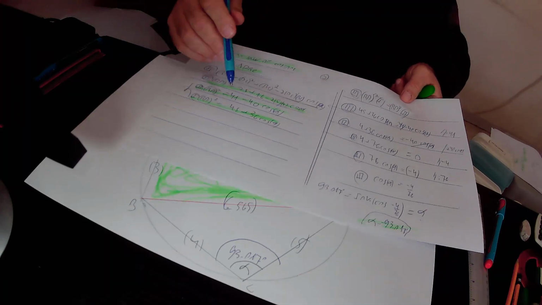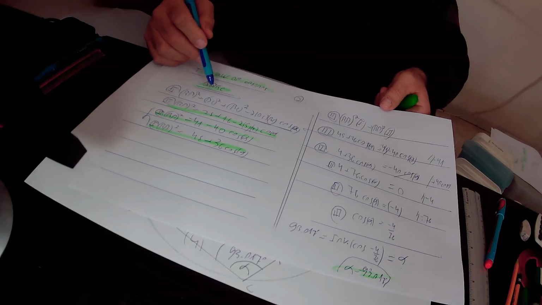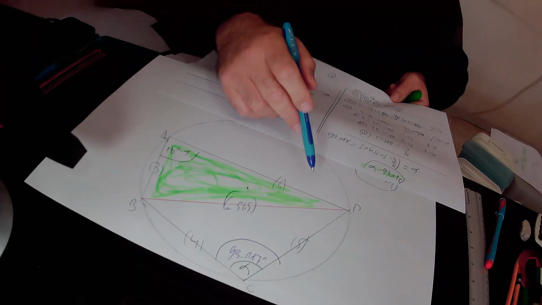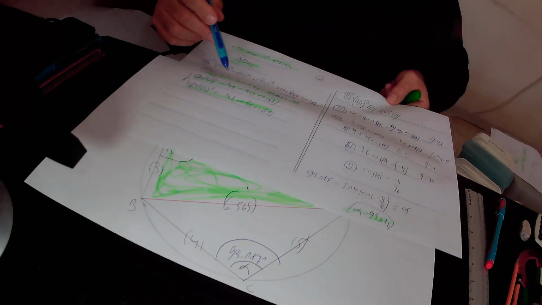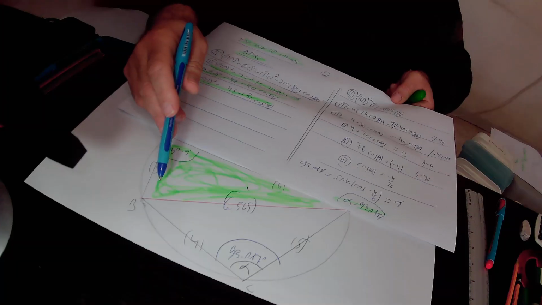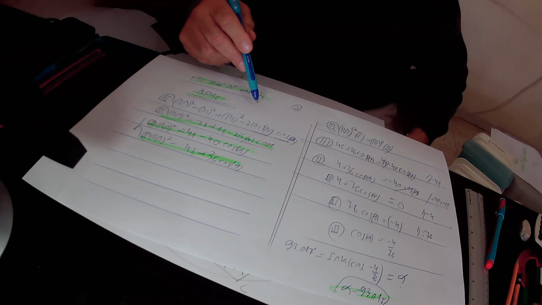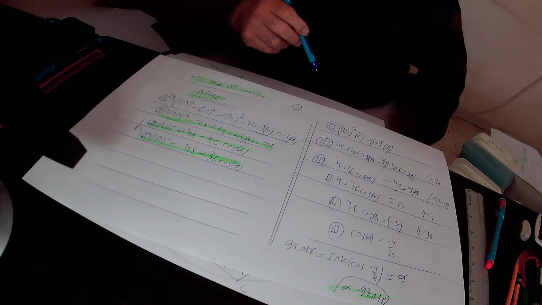BD is the missing side, so we leave it as it is. BD squared equals DC squared. DC is 5, therefore DC squared is 25, plus BC squared. BC is 4, therefore BC squared is 16, minus 2 times DC, that is 5, times BC, that is 4, times cosine alpha.